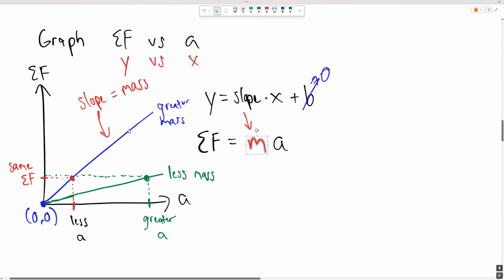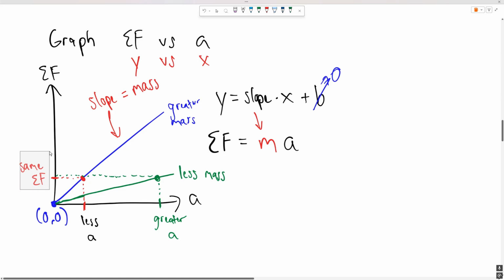So the mass represents the slope of this line. We can see the one with the greater slope is the one with the greater mass. Does that make sense? For the same net force, which one is going to have a greater acceleration? The one with less mass would have a greater acceleration for the same net force, which is why we have a point over here, versus the one with greater mass, which for the same net force would have less acceleration, so you'd have a point right here. So that should make some sense.